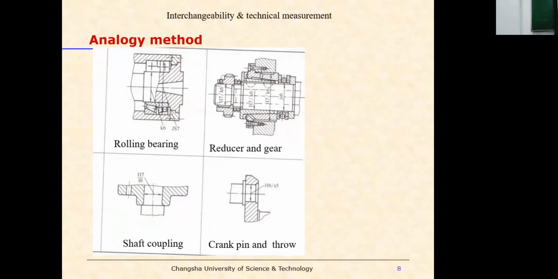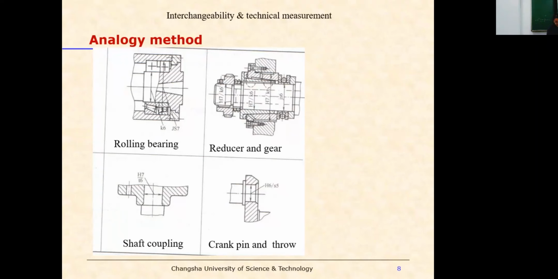H7 clearance. The K is before the KMN. It's actually the transition.